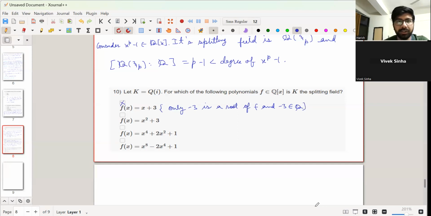So its splitting field is just Q, not Q(i). The splitting field is the smallest field containing all the roots. So it is just Q, not Q(i).